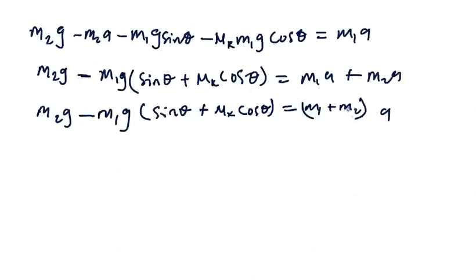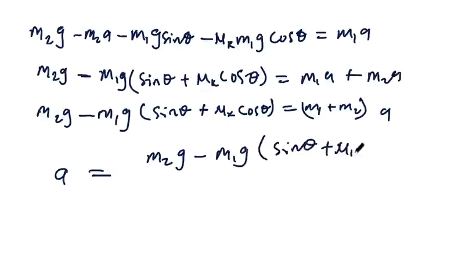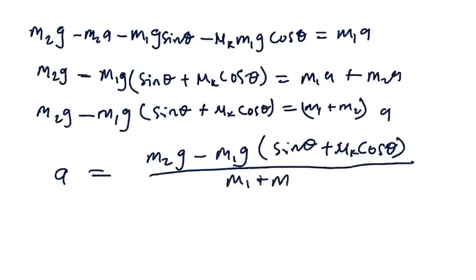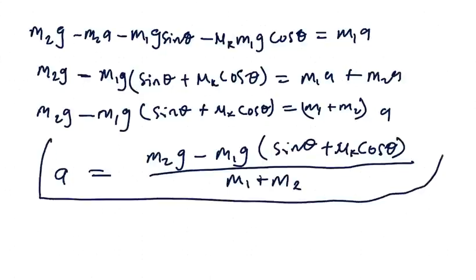If we make a the subject of the formula, we have the acceleration equal to m2 g minus m1 g into sine theta plus mu k cos theta, divided by m1 plus m2. And this is the acceleration of the system.